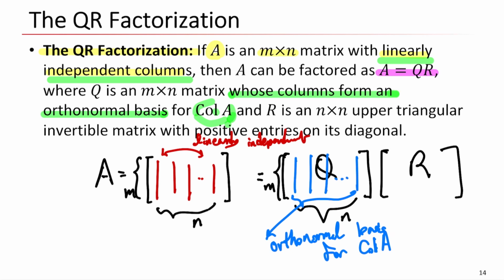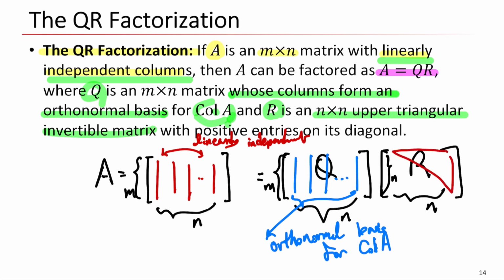So it means that we can find the matrix Q by using the Gram-Schmidt process on this matrix A, right? So actually this is the QR factorization. Then the matrix R is an n by n upper triangular invertible matrix, something like this.